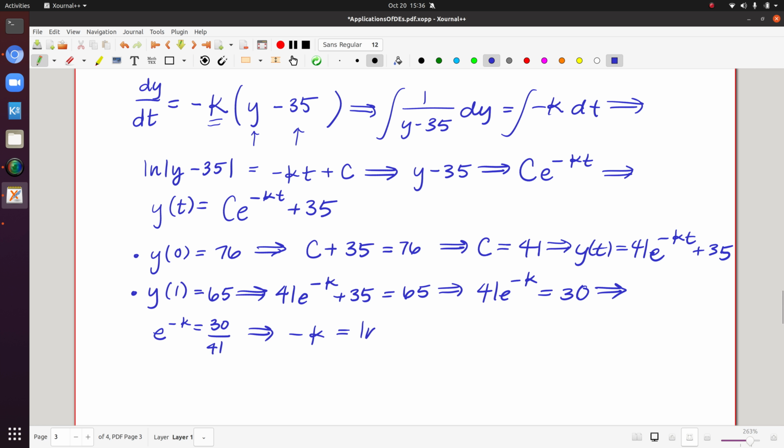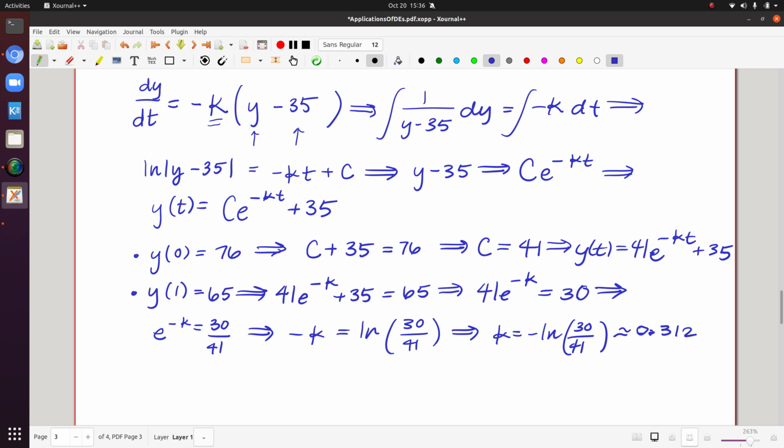Minus k therefore equals the natural log of 30 over 41, and therefore k is equal to minus the natural log of 30 over 41, which is roughly 0.312.